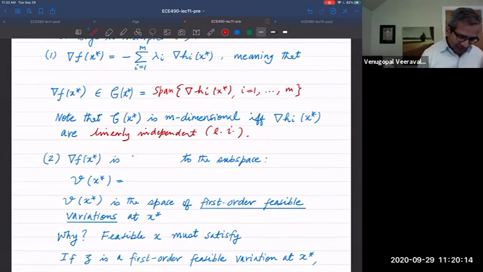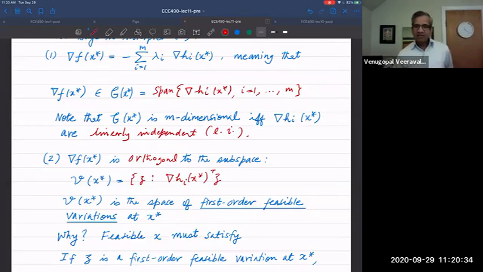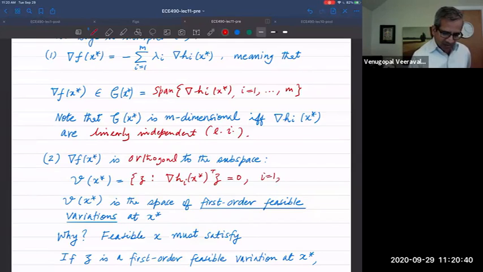So it's orthogonal to this subspace. The subspace is all the vectors z belonging to R^n such that the inner product of the gradient of the hi with z equals 0 for i equal to 1 to m.